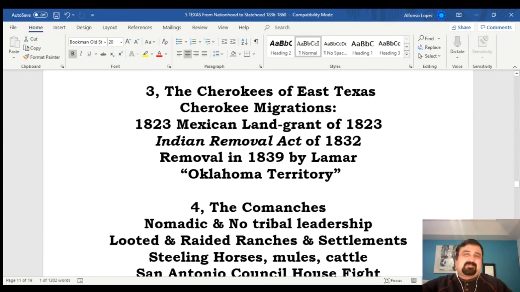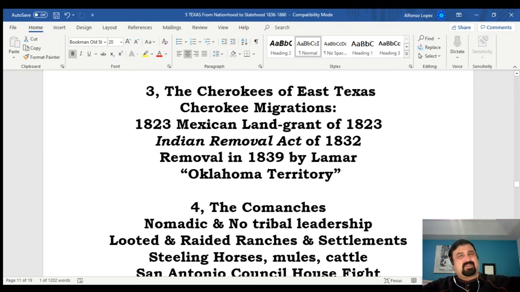The Cherokees were located also in East Texas as well. This is a tribal group that came from the region that today is called Georgia, the state of Georgia. The Cherokees were located there even before the arrival of the Europeans, and gradually they began to migrate westward, okay, as a result of American settlement and the like.